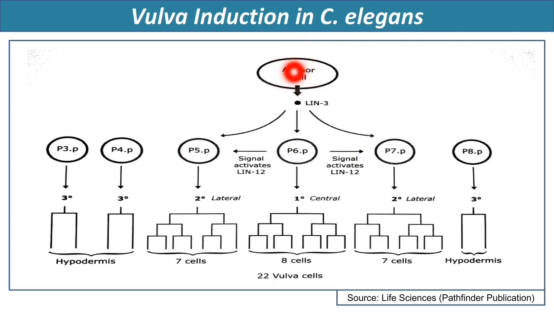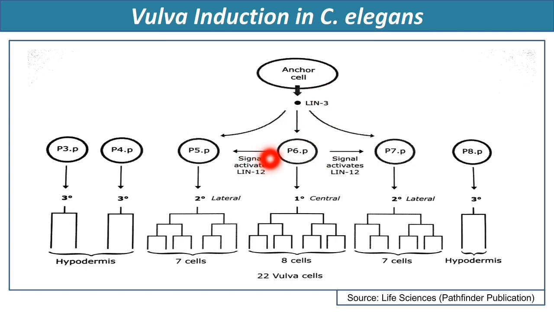The anchor cell, which is present just beneath the gonad, will secrete a protein called lin-3. This lin-3 protein will bind with its receptor present on the VPCs, that is the LET-23 receptor.